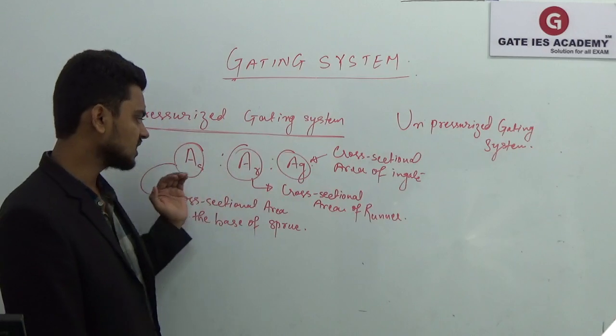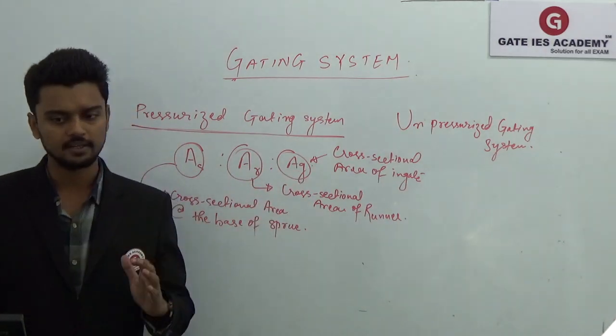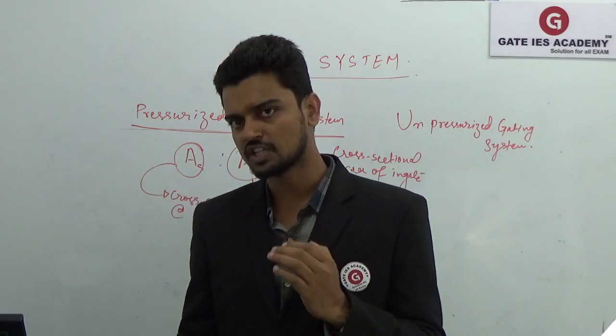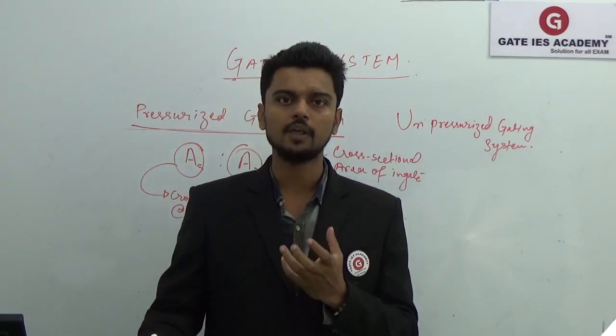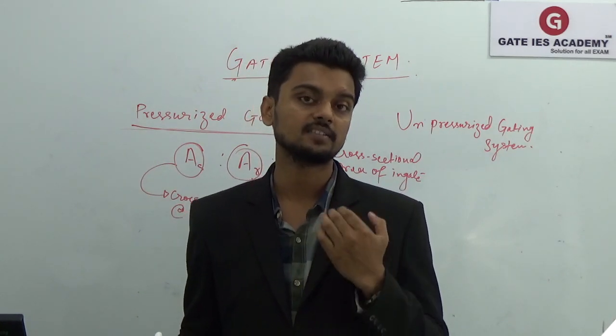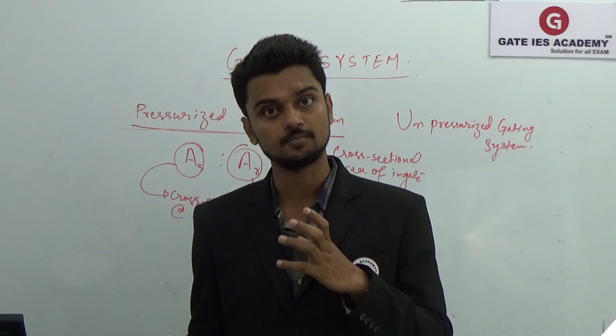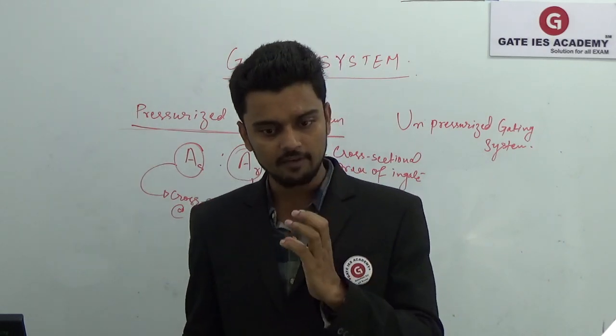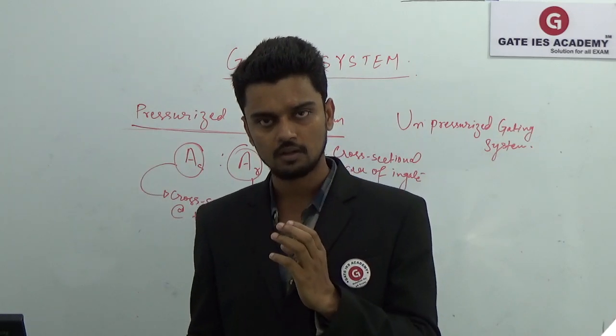Once the cross-sectional area decreases towards the mold cavity, wherever we have the smallest cross-sectional area, at that point we will have the minimum pressure. Just apply the same concept as we discussed in the case of the nozzle, because we have the smallest cross-sectional area at the exit of the nozzle.